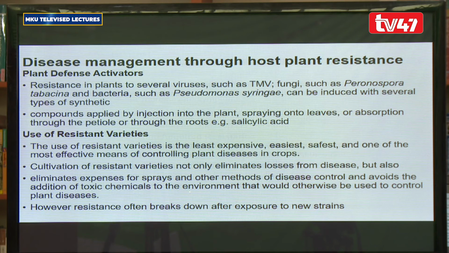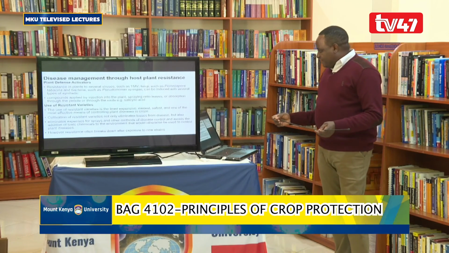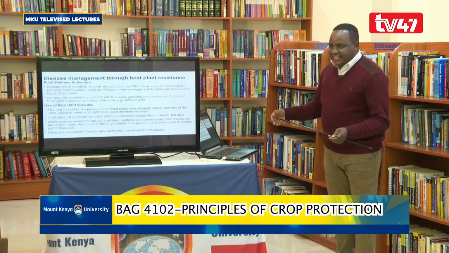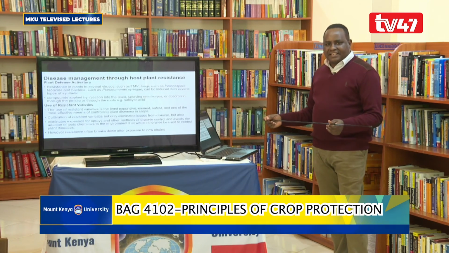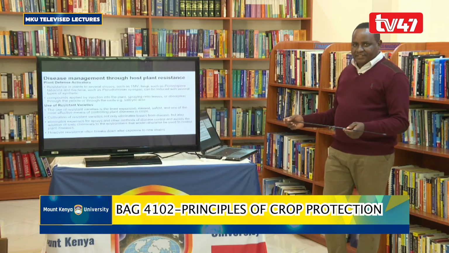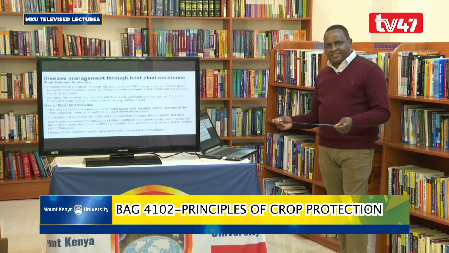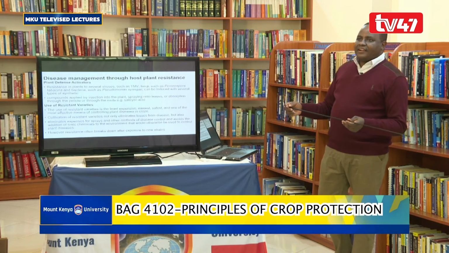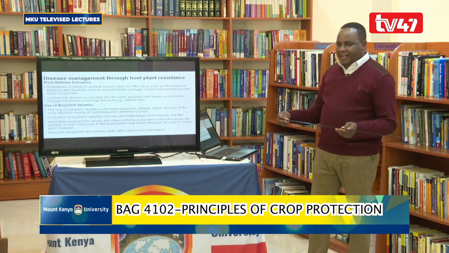So resistant varieties have been bred. We have wheat varieties that are resistant to wheat rust. We have tomatoes that are resistant to nematodes and Phytophthora infestans, the leaf blight. We also have in plant resistance, the latest technology, which is the use of genetically modified crops, whereby a gene is infused into the plants to resist a pathogen.